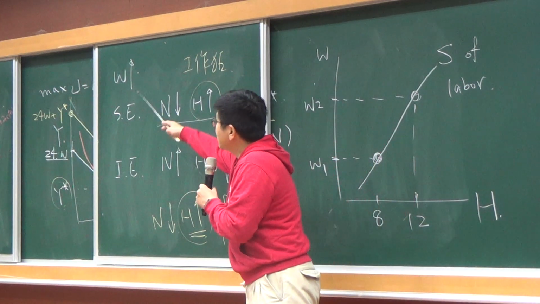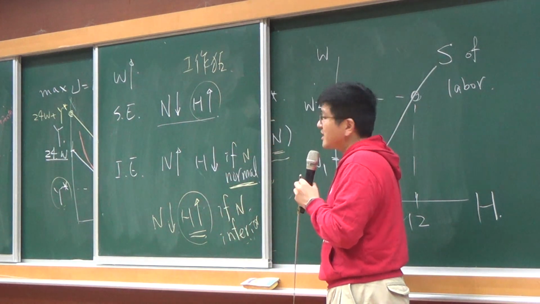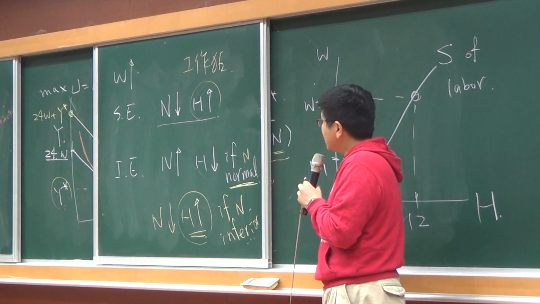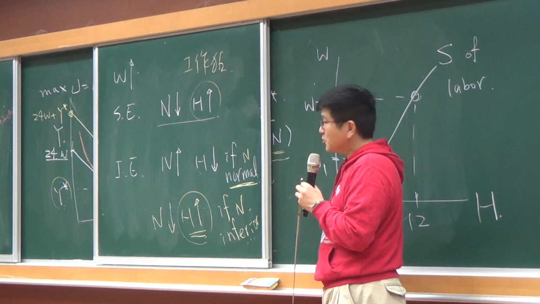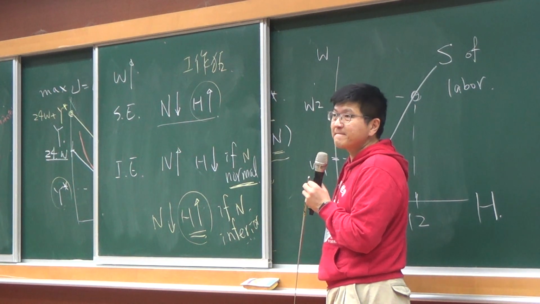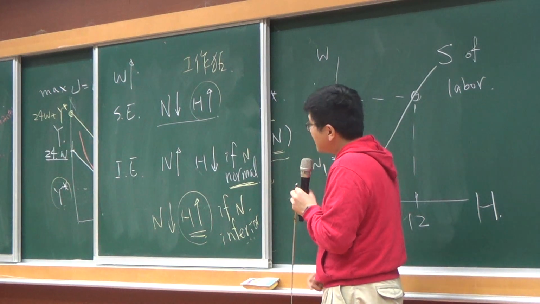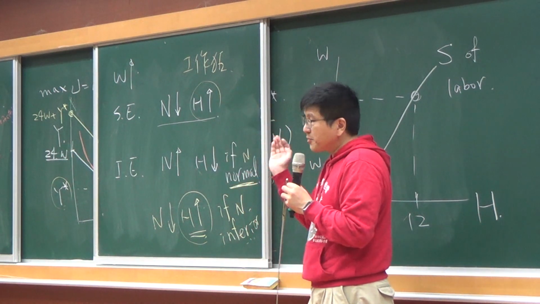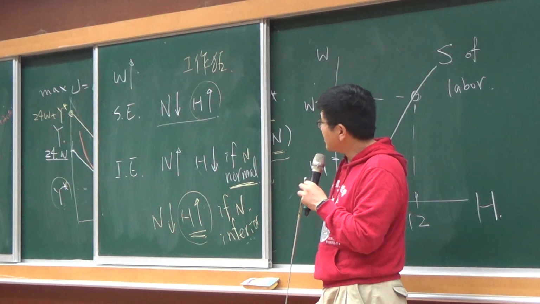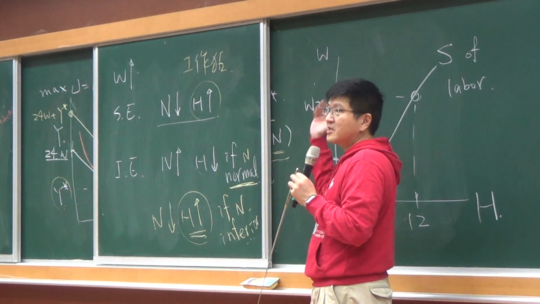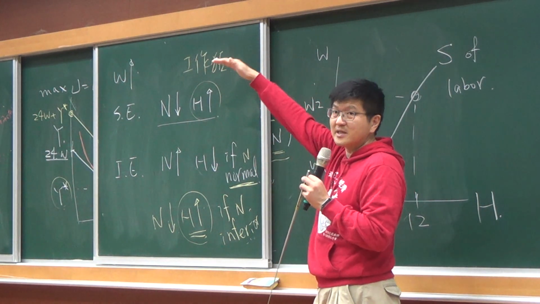As the wage rate increases, you work more. So the supply curve of your labor would always be positive. There is no backward bending.